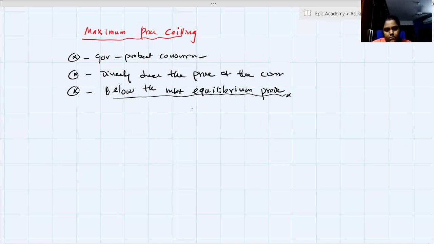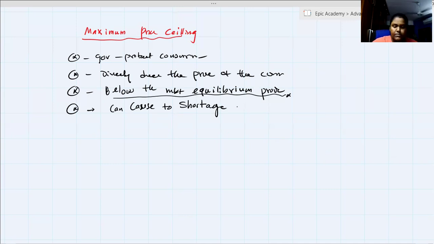Another thing: this price is below the market equilibrium price, so the maximum price ceiling can cause a shortage. You already identified the meaning of shortage.